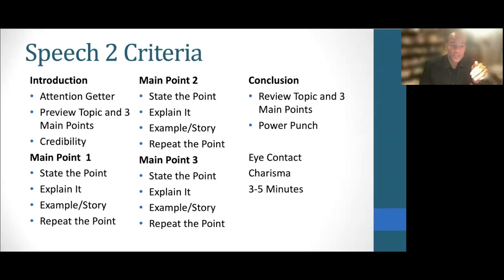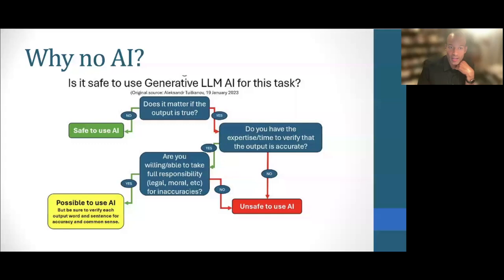First I want to walk through a document I found online by Alexander Tulkanov from January of 2023. It asks the question, if we were going to use AI, some kind of LLM, whether that's ChatGPT or whatever it might be, how would I decide whether AI is even appropriate for me to use?